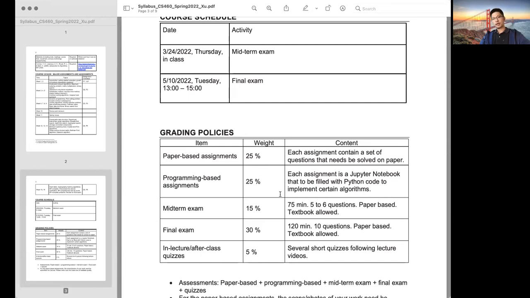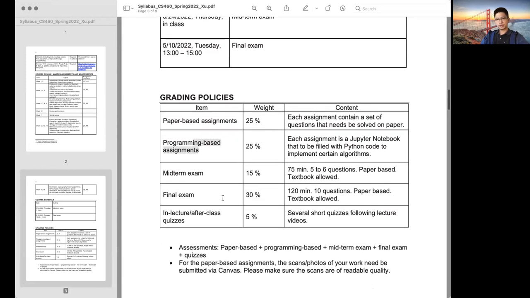We will have 25% on paper-based assignments, 25% weight on programming-based. So in total, that's 50%.